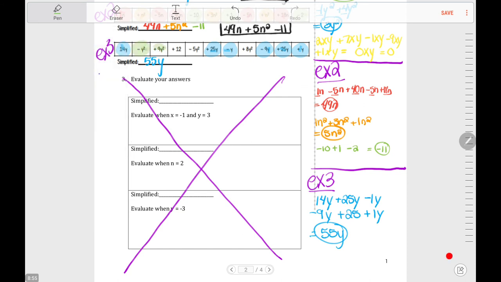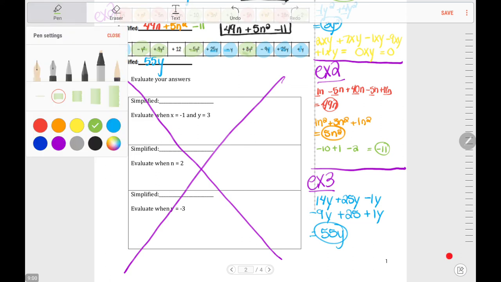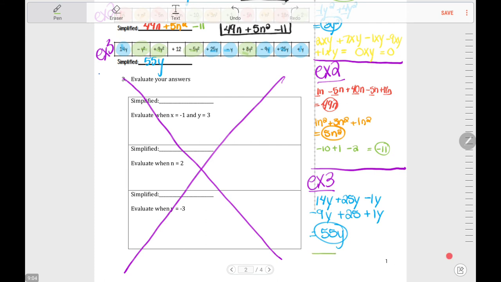Next, I have my y squareds. That gets me 11y squared.